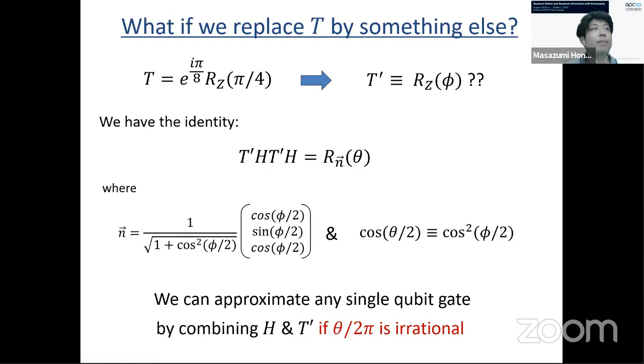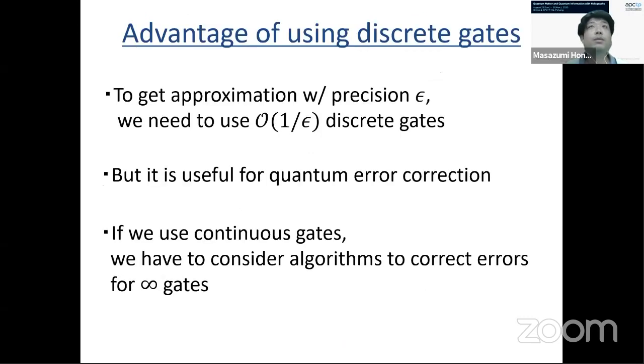And I also remember that there was some question on what the advantage is of using this kind of discrete approximation. First, to get the approximation with some precision epsilon, we need to use order 1 over epsilon discrete gates.